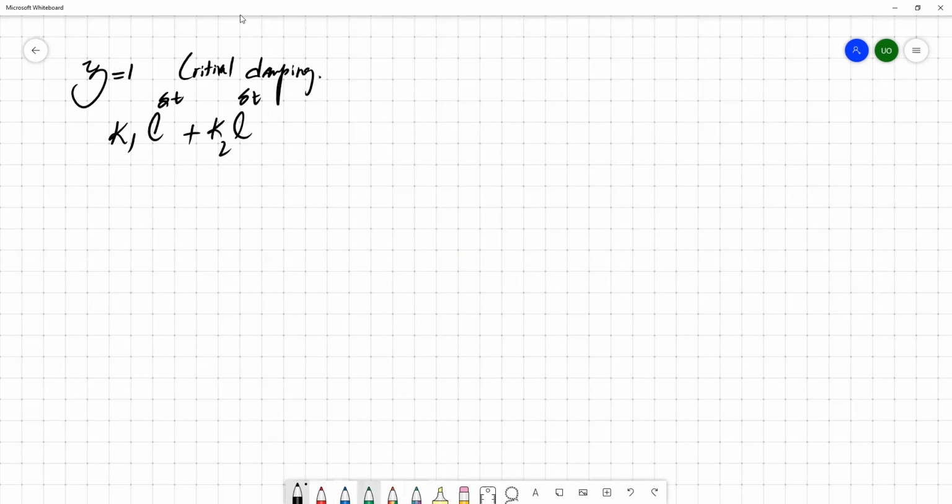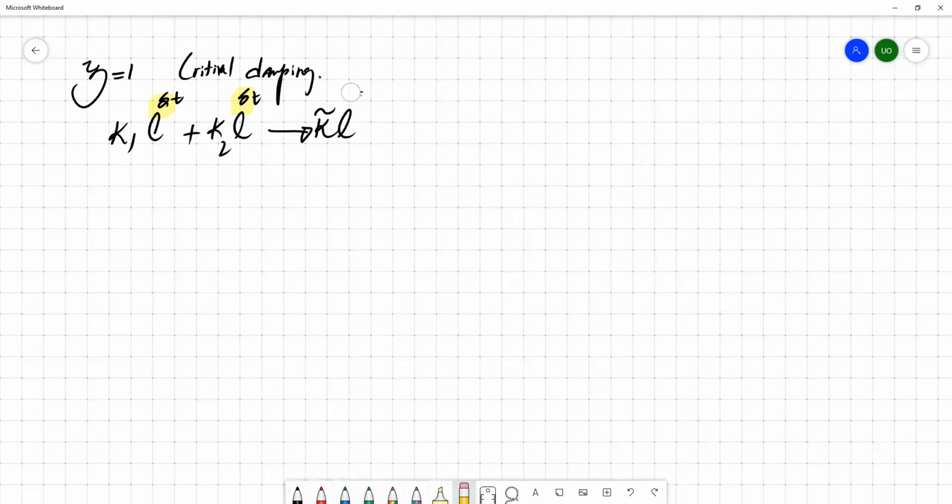These are equal, so you can simplify the two exponentials with a new constant, since K1 and K2 can simply be summed up. Then you have a constant times e to the power sigma t.